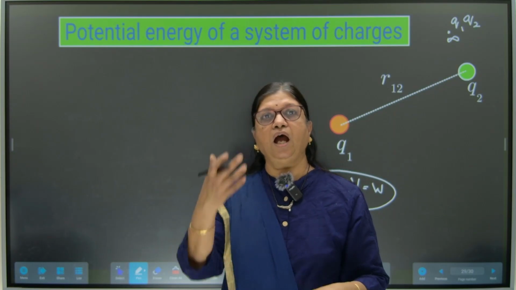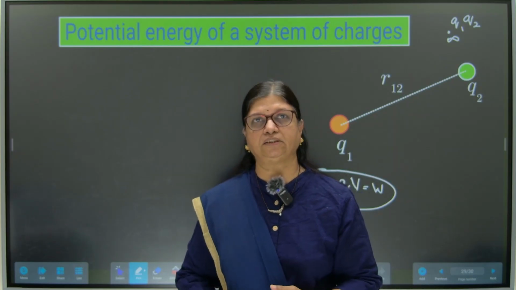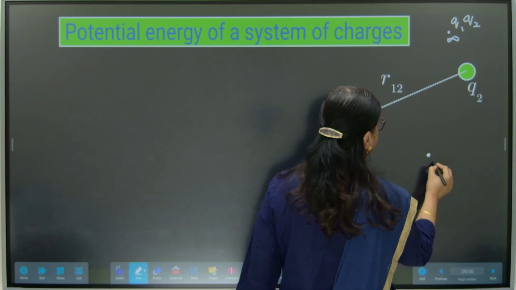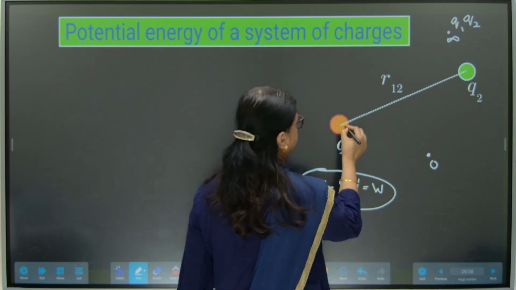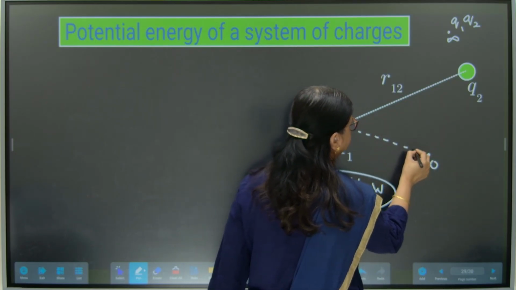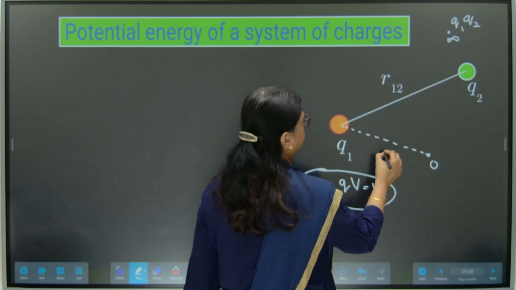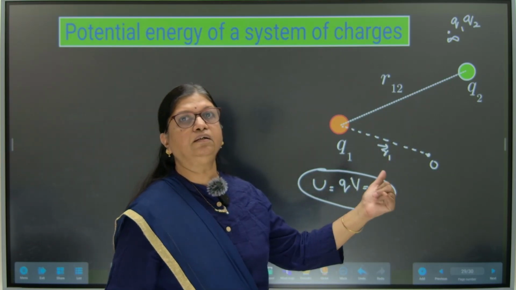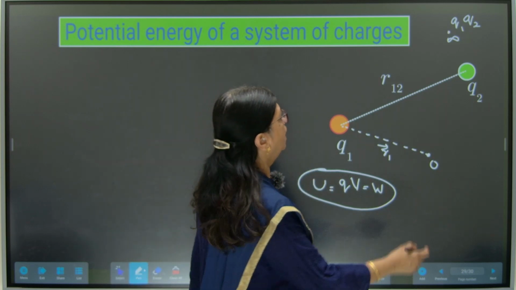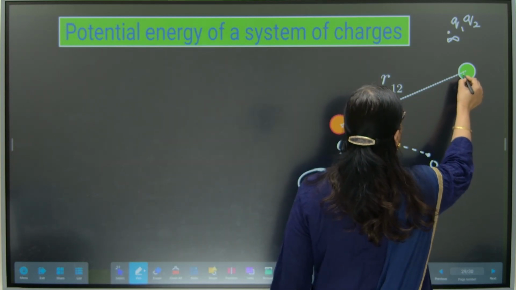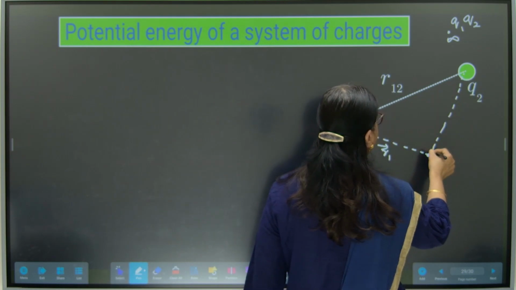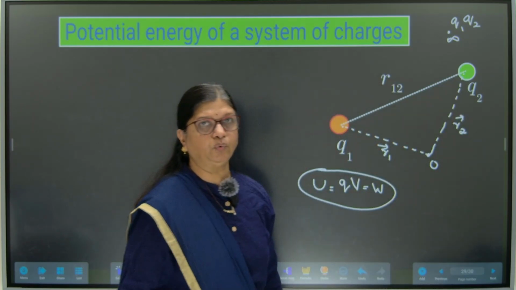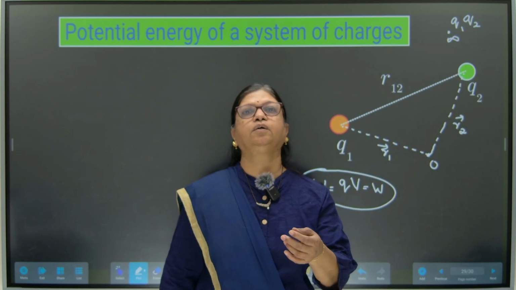From there, I want to shift those charges to a configuration such that, from a particular origin, I have a charge Q1 at the position vector R1 from the origin, and I place the charge Q2 at a position vector R2 from the origin.